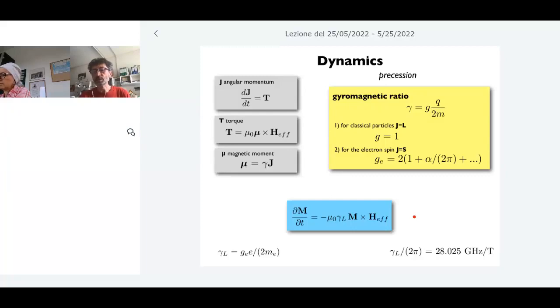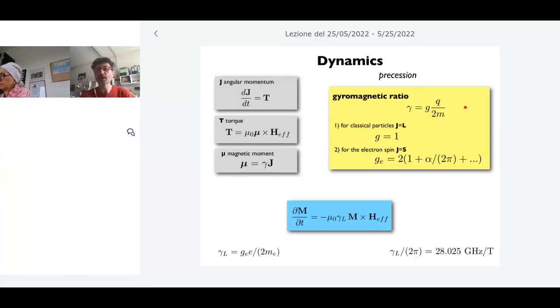The gyromagnetic ratio is the one which is written here, gamma. It's known that for a classical particle, g, the Landé g factor, is equal to 1, and for the spin this is almost equal to 2.